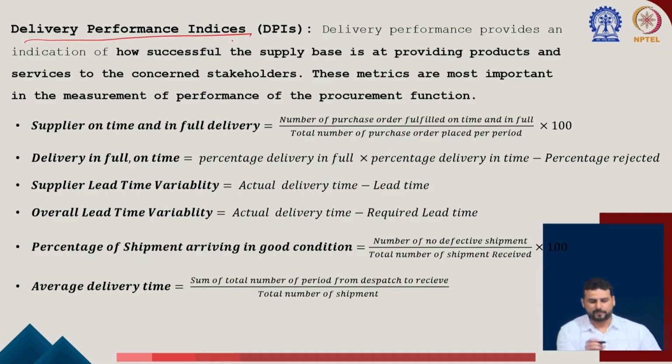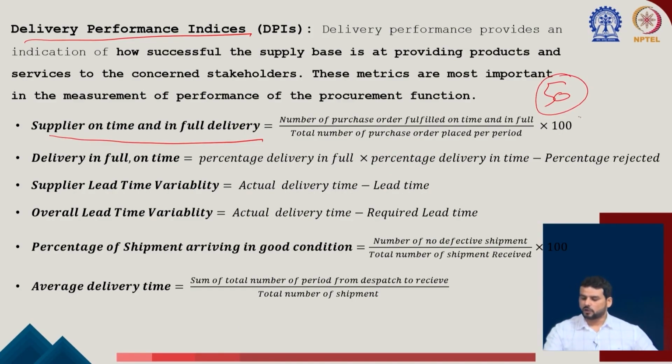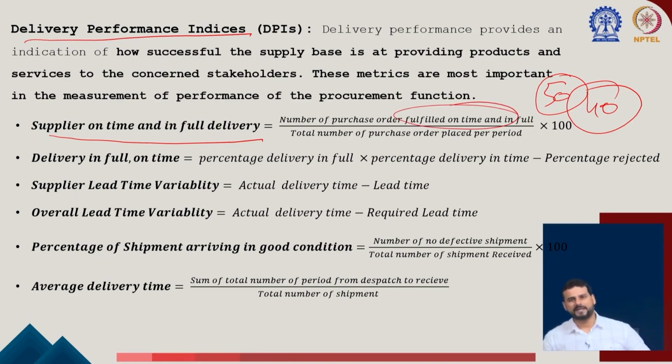Next is the delivery performance index: supplier on-time delivery and in-full delivery. If I place a grocery order for 50 items, and you deliver 40 items in time, and the rest of the 10 items were not available, that means they are not in full. You can calculate how many items are in full out of how many were placed, and find the percentage.